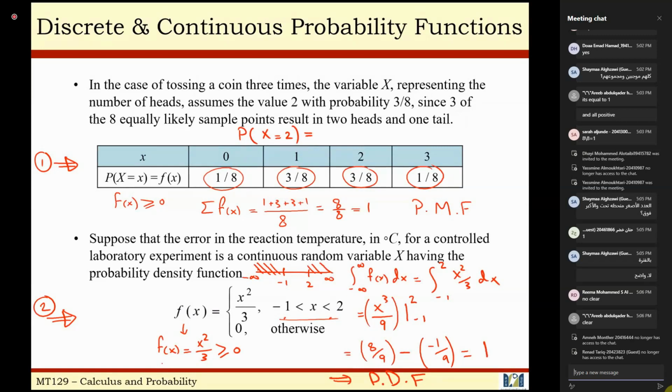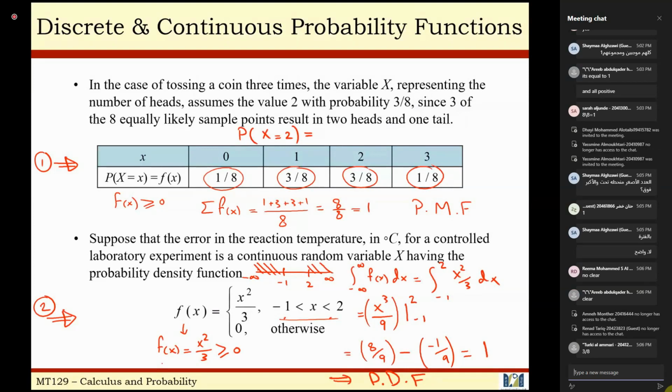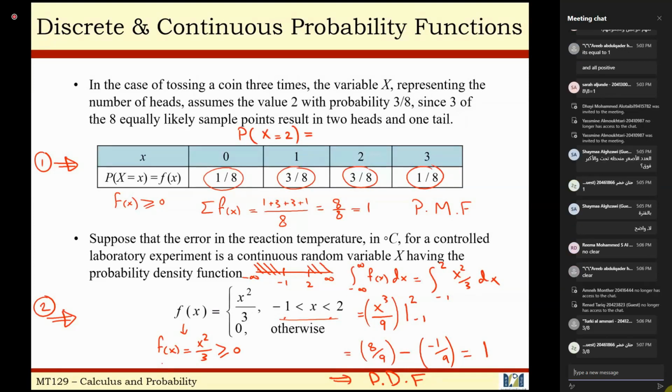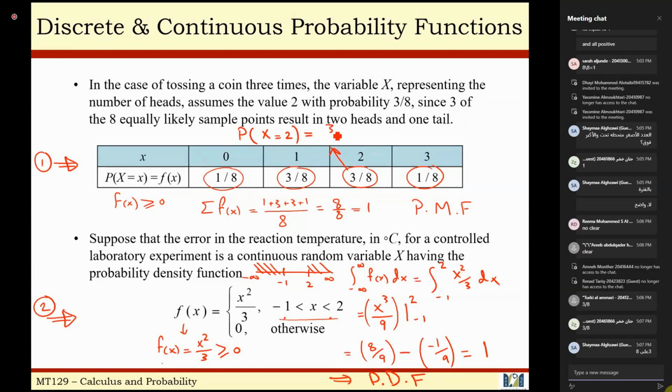In the first example here, what's the probability of x equal to? Three over 8. Excellent, 3 over 8.